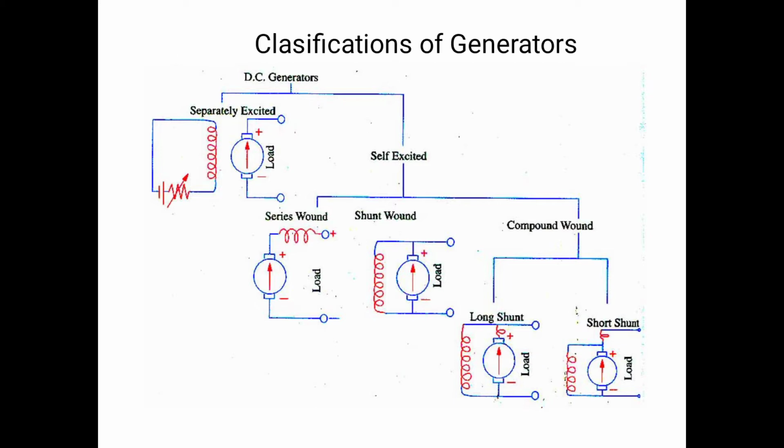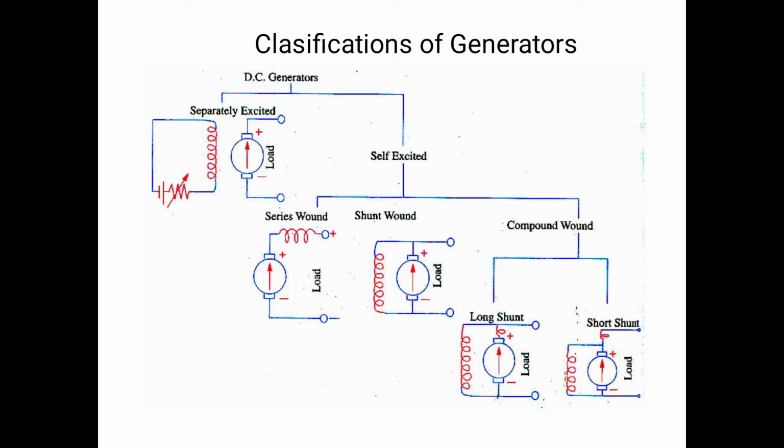This is the armature winding symbol and this is the field winding symbol. The armature winding means the interconnection of armature conductors. The field winding's purpose is to produce the magnetic field. It is an electromagnet. If we connect the electrical supply to this winding, it produces the magnetic field.